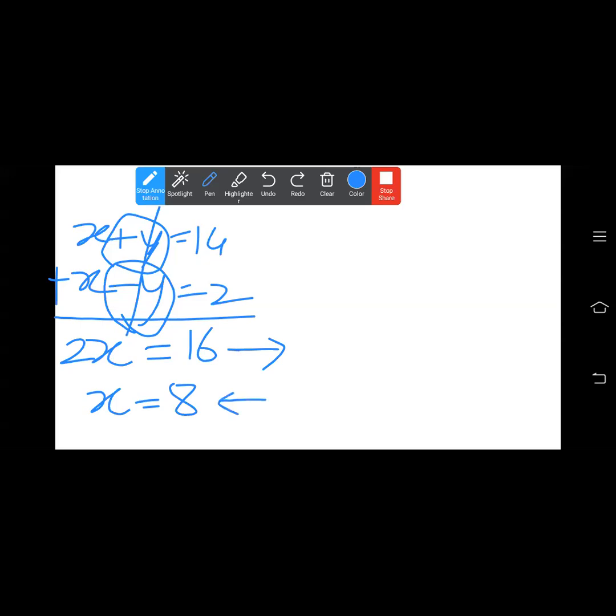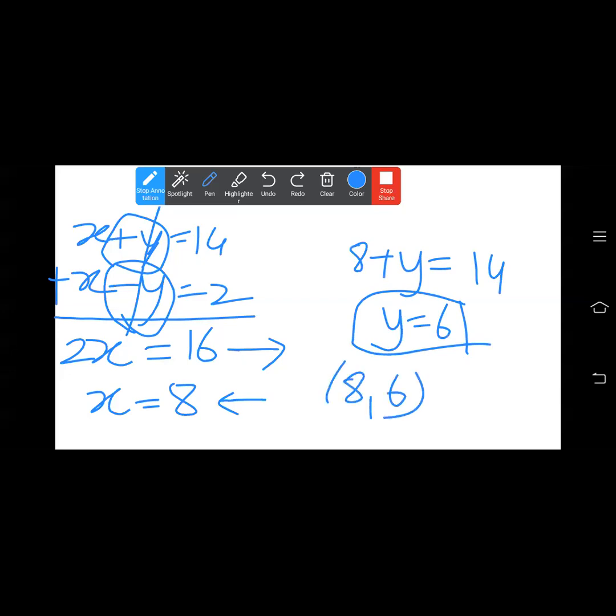Now substitute this value in any one of the original equations to get the value of the remaining variable. We are following the steps of the method of elimination that you have to keep in your mind. Substituting x equal to 8 in equation 1, we'll get 8 plus y equal to 14. So y is equal to 14 minus 8, which is 6. So you get (8, 6) as the solution.